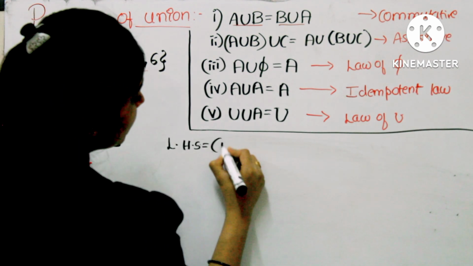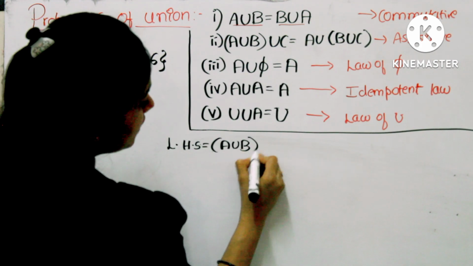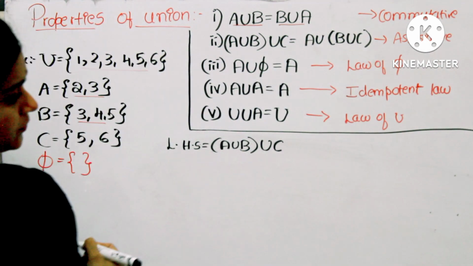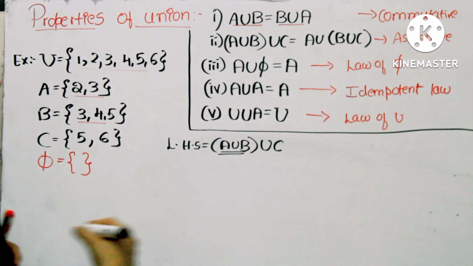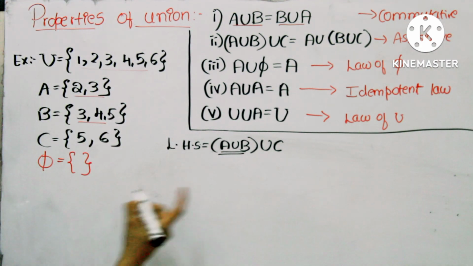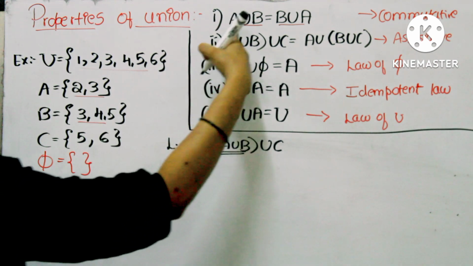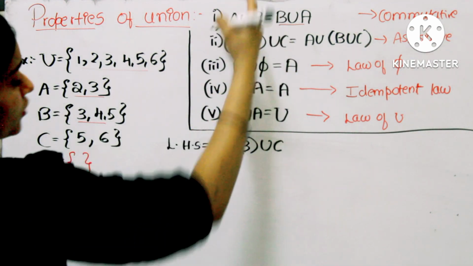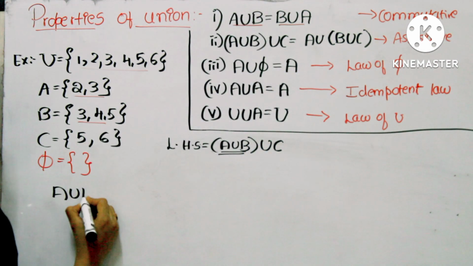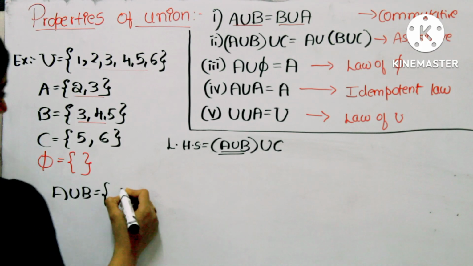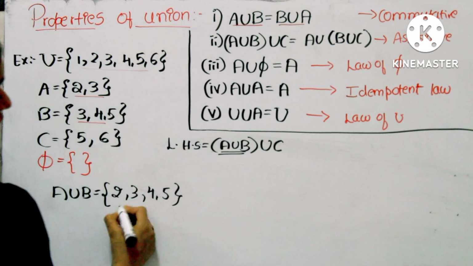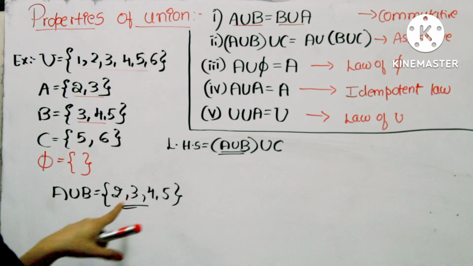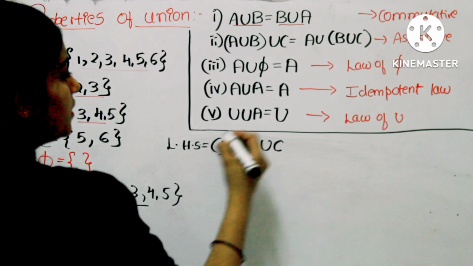LHS is (A union B) union C. So first here we have to solve A union B. In the last case, A union B we already did. What we got? We got A union B as {2, 3, 4, 5}, correct.